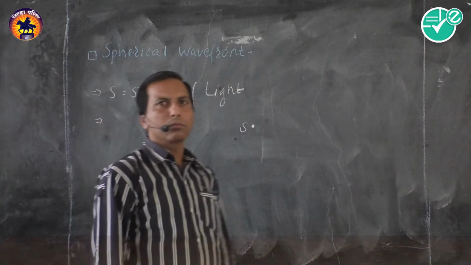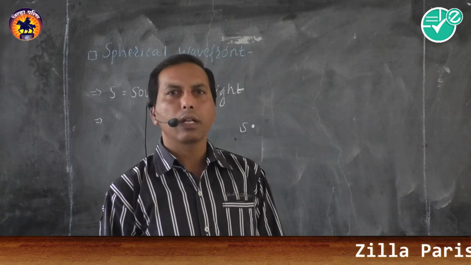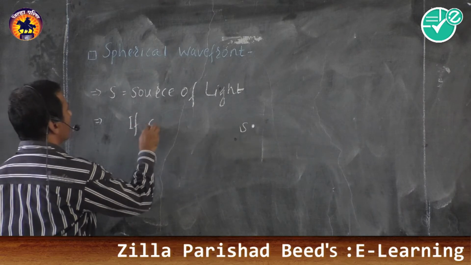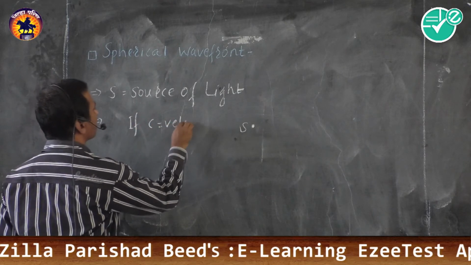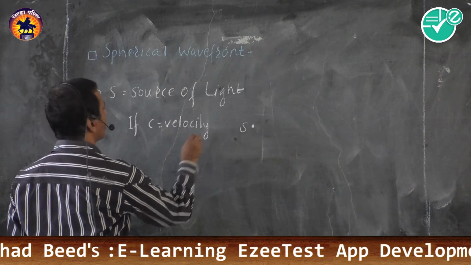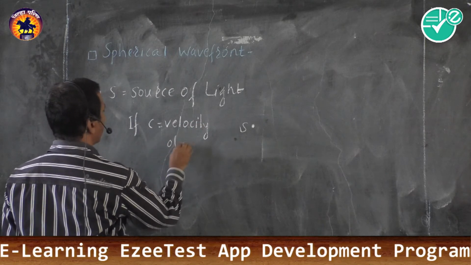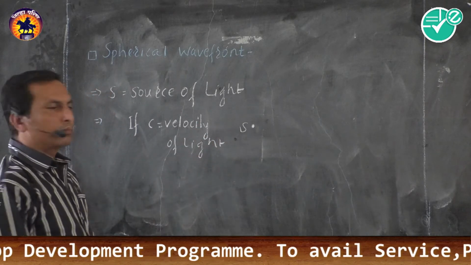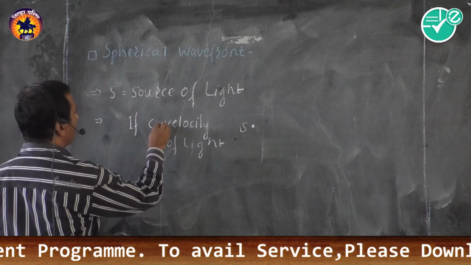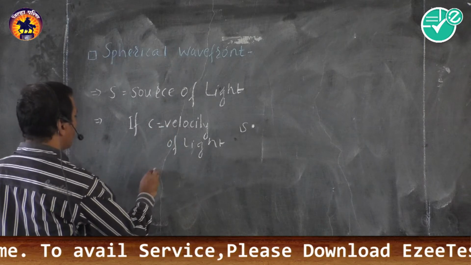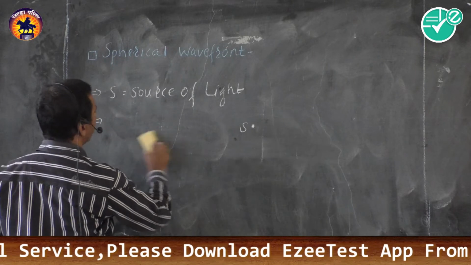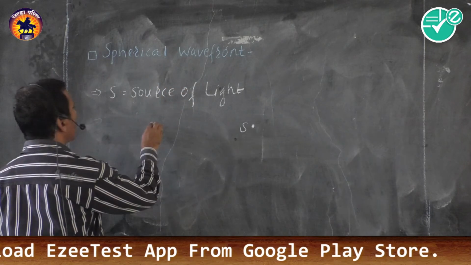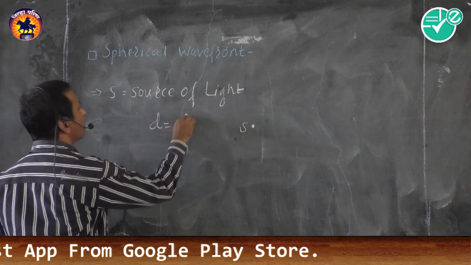Yesterday we learned about the velocity of light. If c is the velocity of light, then the distance covered by light with velocity c in time t is given by d is equal to c into t.